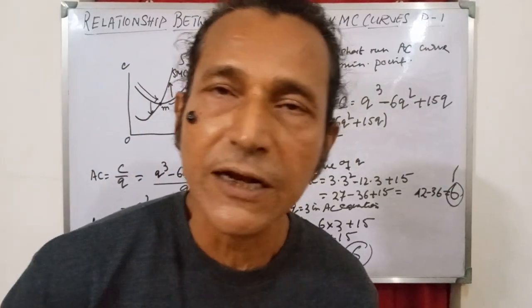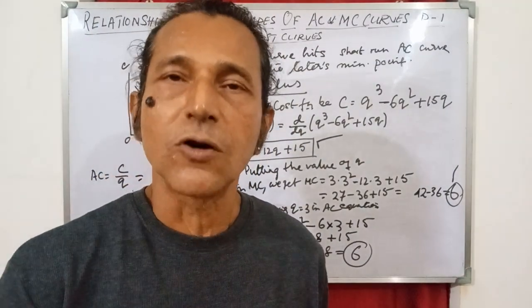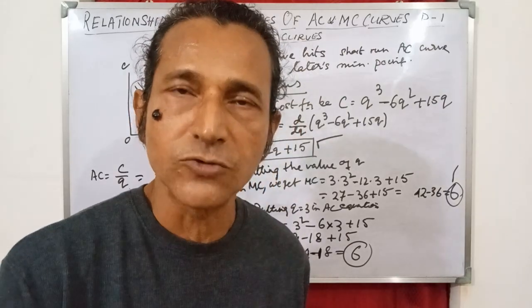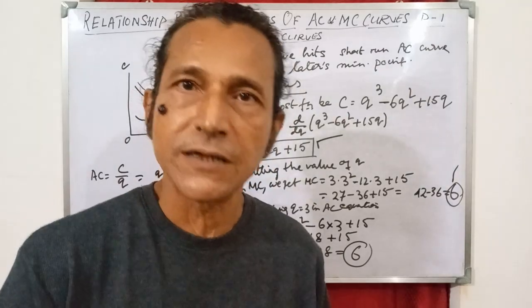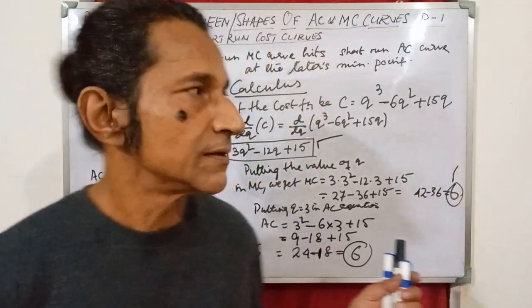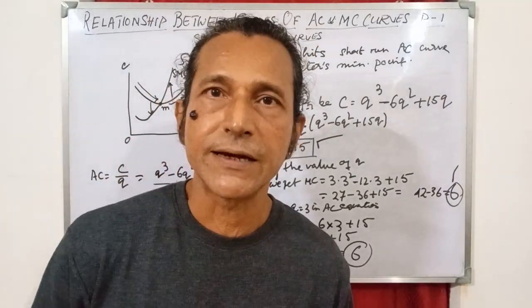We have taken one numerical example, that is a set of cost data, cost of producing certain levels of output from 10 to 20. So we have taken total cost, marginal cost and average cost, and we have proved that the marginal cost curve intersects the average cost curve at the latter's minimum point.